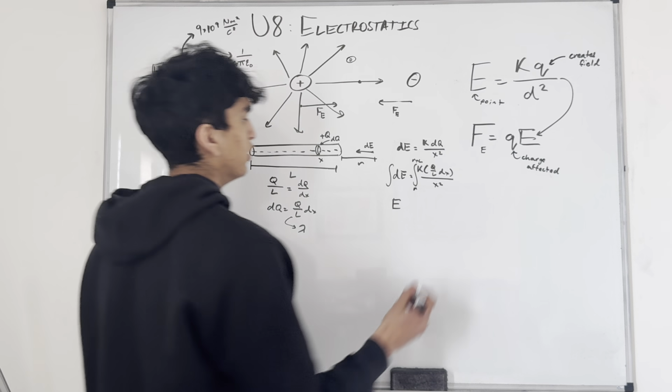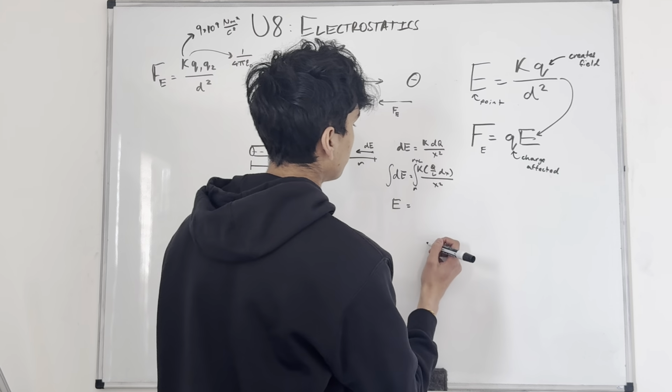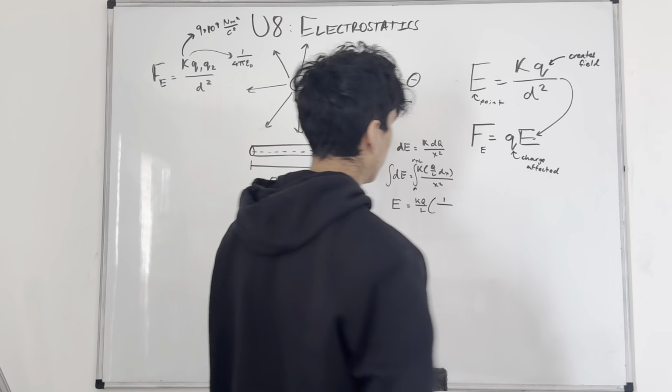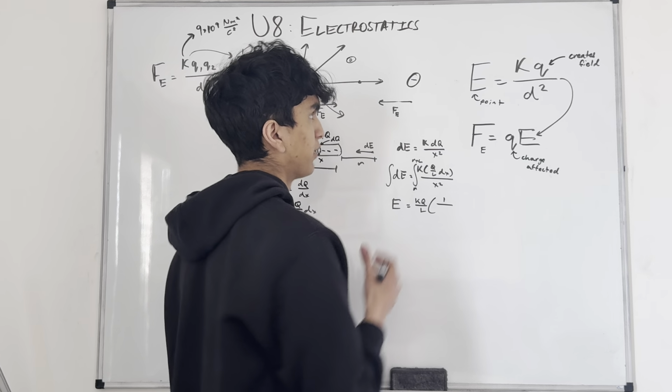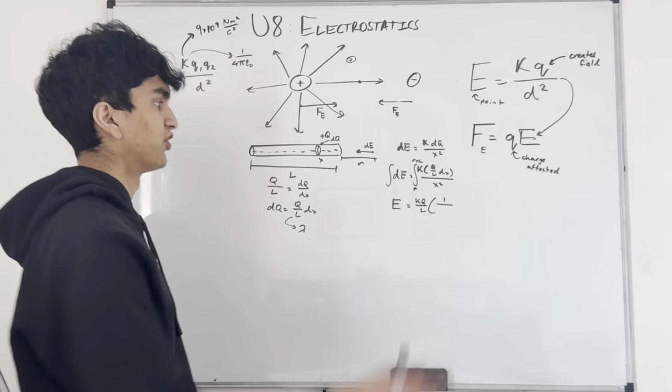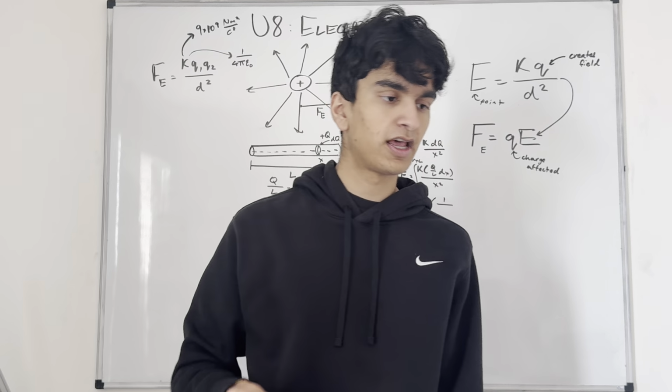So when I take this integral, I can pull out the kQ over L, right? Because that's all constants. And then, if you think about the fundamental theorem of calculus, to integrate dx over x squared, it would be negative 1 over x.